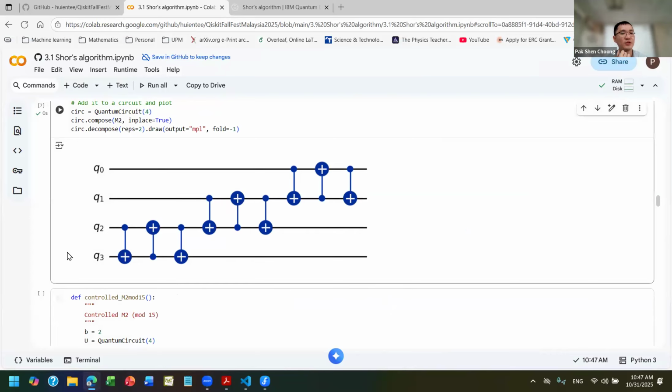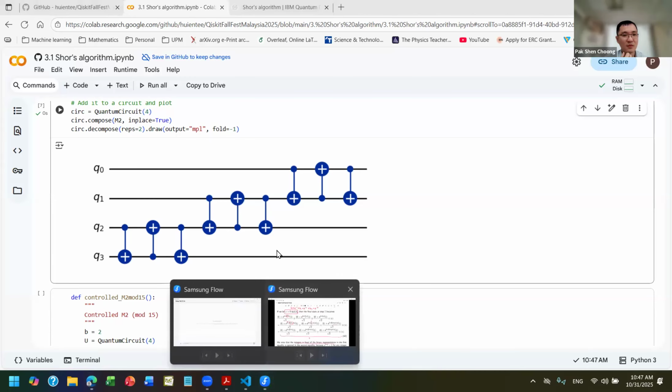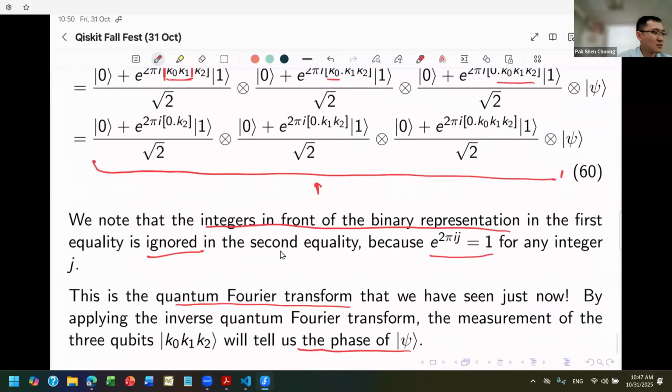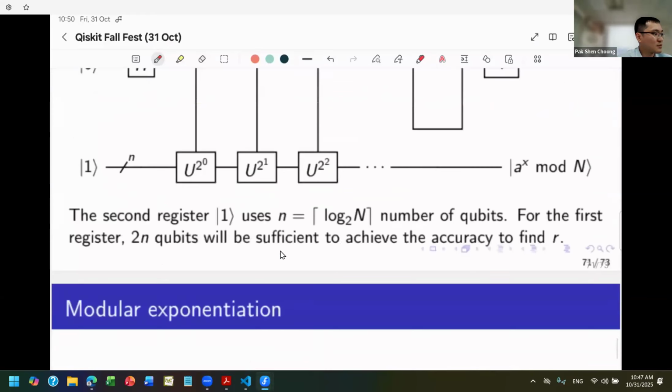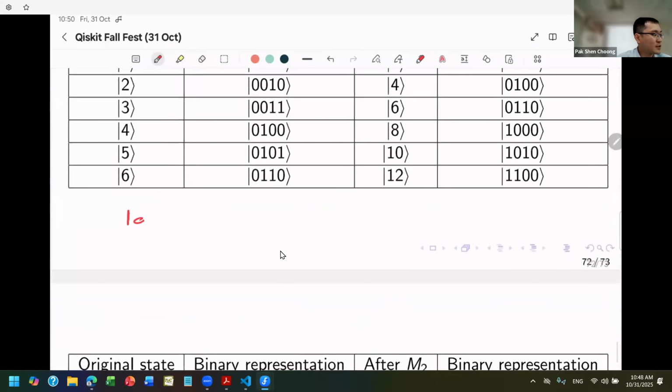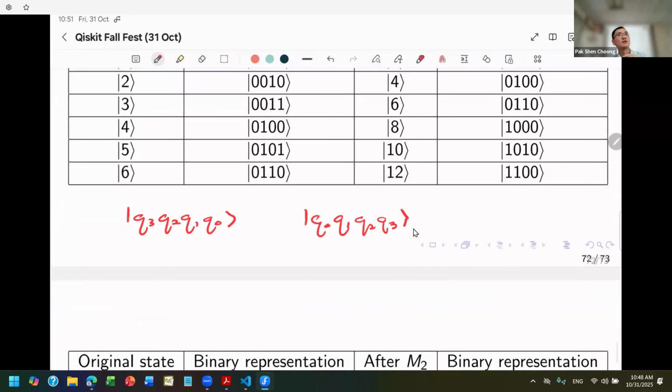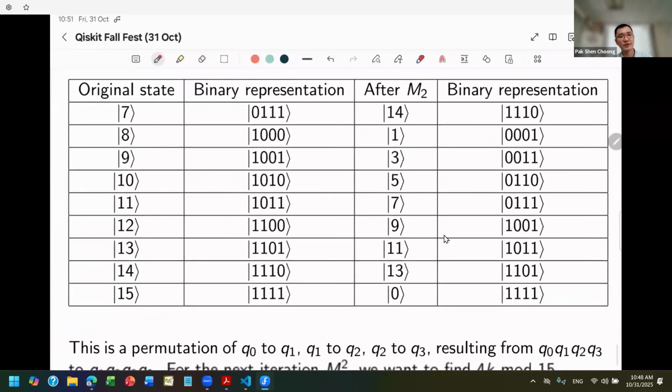But you need to make sure to understand that this way of doing is how Qiskit orders Q3 until Q0. So Qiskit orders like this. This is how Qiskit orders their qubit. Usually we write something like this. So because of this, the way they do the rotation is also different.